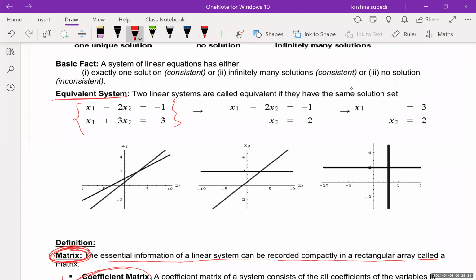Quickly solve this and let me know your answer. x2 equals 2 and x1 equals 3, right?